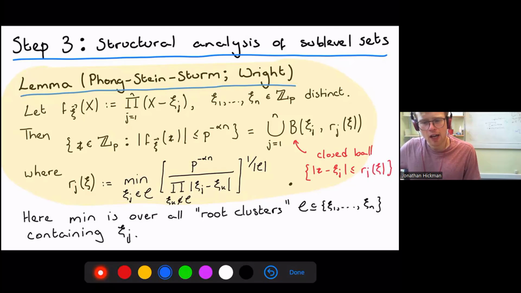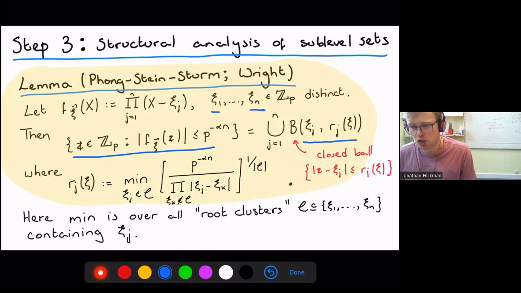So this says, if we have a polynomial f with distinct roots x_1 up to x_n, then we can write the sublevel set as a union of balls, each centered around one of the roots x_j. And moreover, we can obtain a nice expression for the radii of these balls. So the radius of the jth ball is given by, well, okay, we have this explicit expression here.